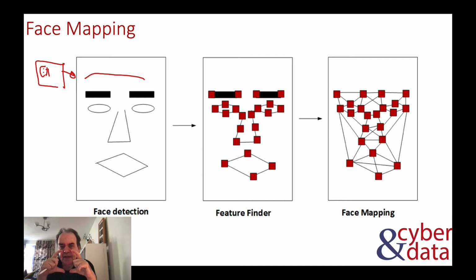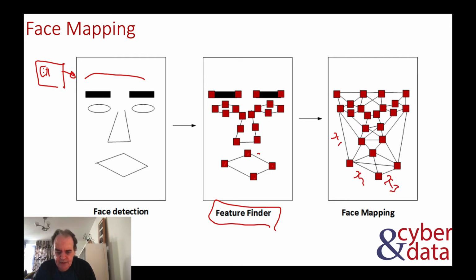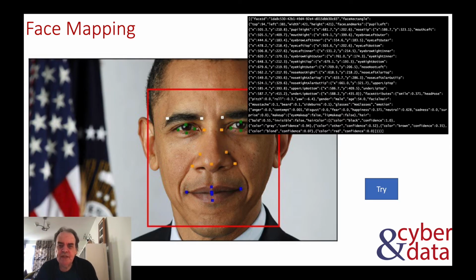Once the face is detected, it is then possible to do a feature finder. So there'll be some sort of scanning for eyes, mouth, nose, eyebrows, and so on. And then after that, the distances between each of these elements can be computed and stored for each user.